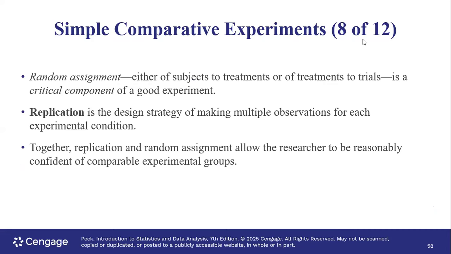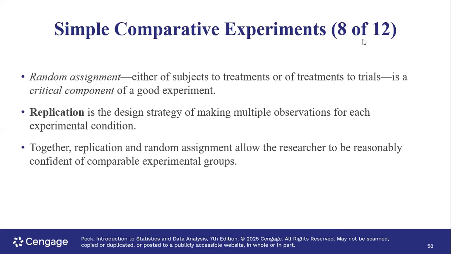Random assignment either of the subjects to treatments. In my example, random assignment of students to the two methods. One is an existing method of teaching, the other is a new method of teaching. This is subjects to the treatments. Okay.